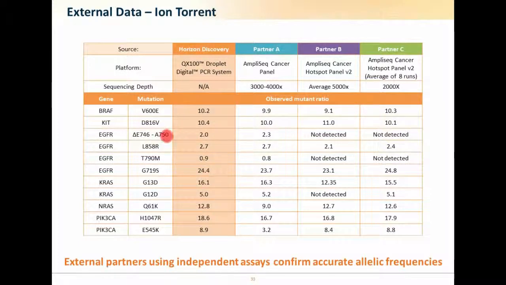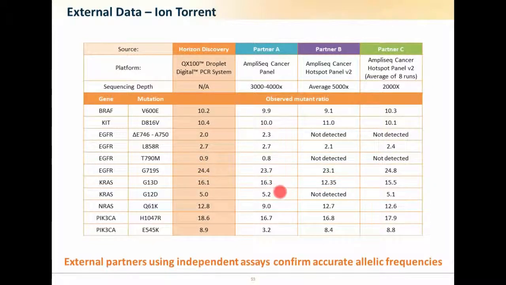For example, the deletion of EGFR is often not detected using some of the next generation sequencing platforms, and at the 2% level, it wasn't detected using the hotspot panel V2, where it was detected on the cancer panel. Similarly, the T790M at this low 1% level couldn't be detected on these panels.